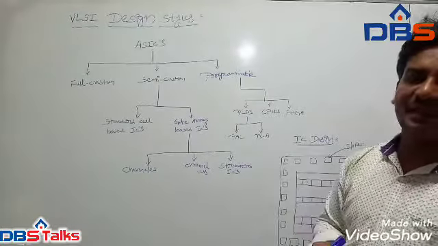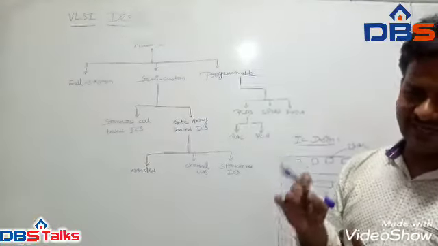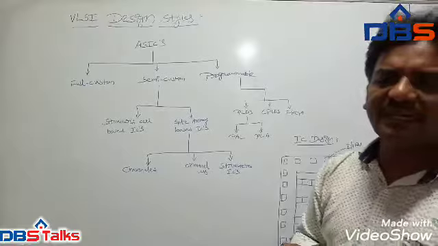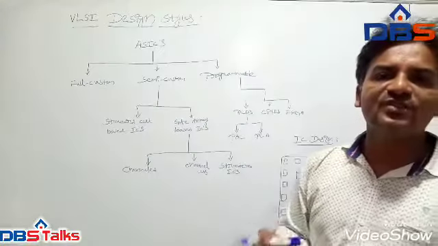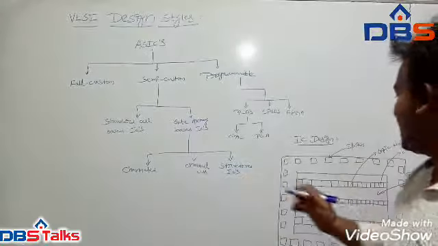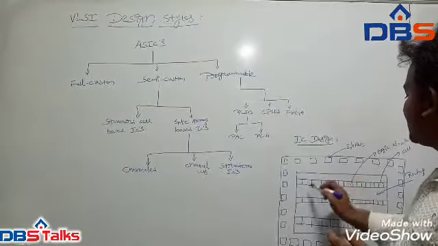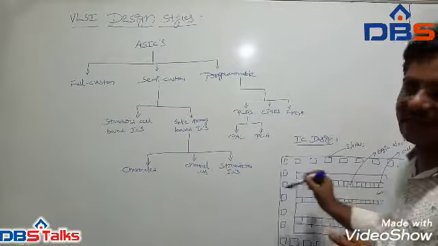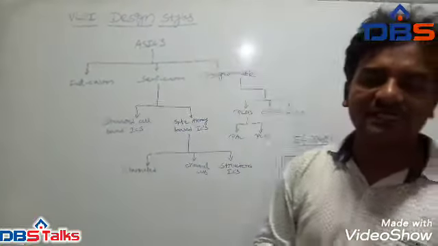And the full custom IC is a methodology for designing ICs by specifying the layout of each individual transistor and interconnections between them. So in full custom, each and every block should be defined and the interconnection should be specified within the full custom ICs.